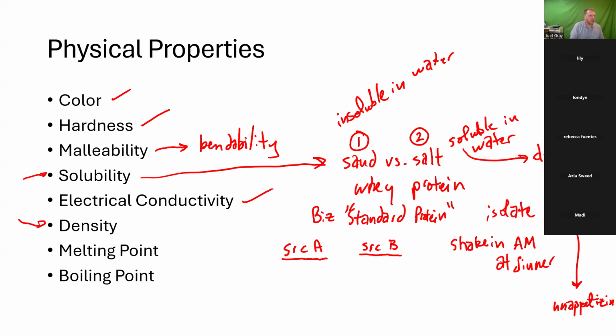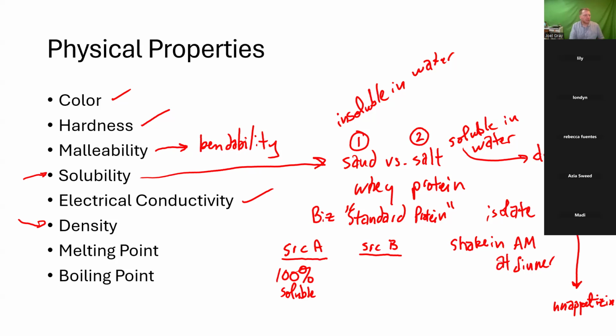You've got source A and source B. Source A says, well, you know what, 100% of our whey protein is soluble. Seems like a pretty good source to go to.